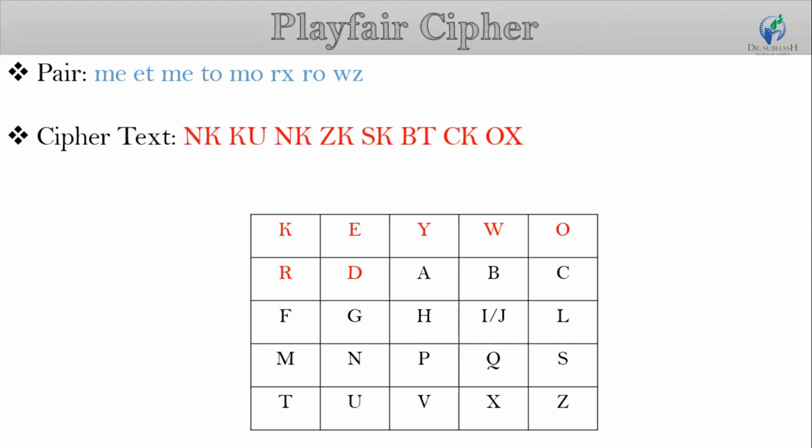So consider our first pair M and E. These alphabets are neither in the same column nor in the same row.